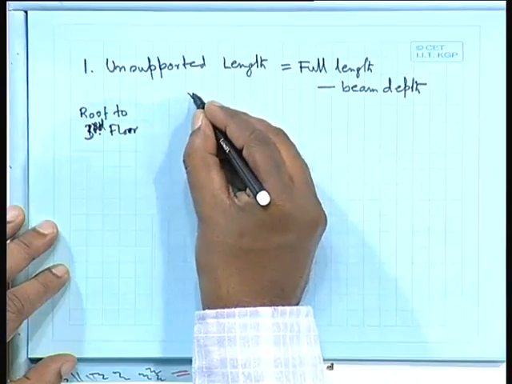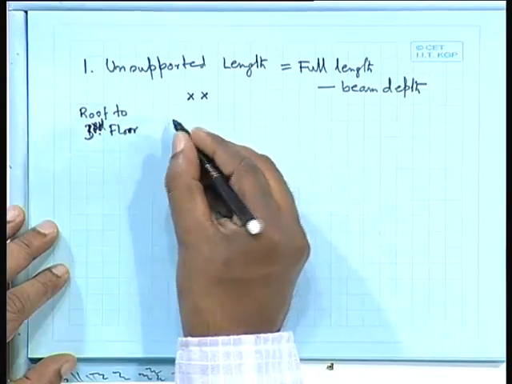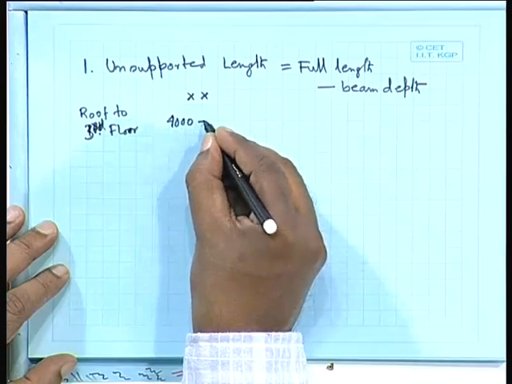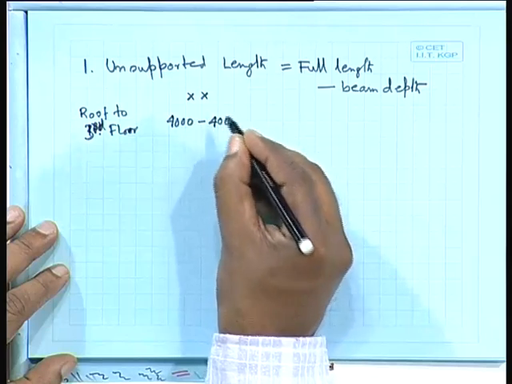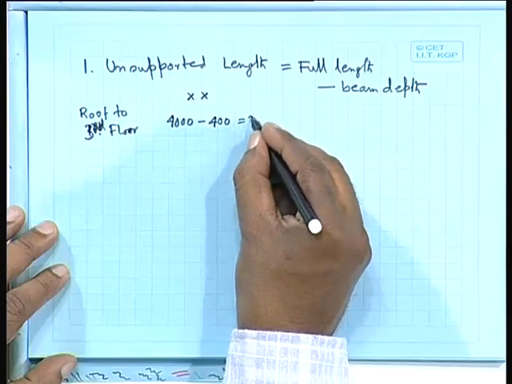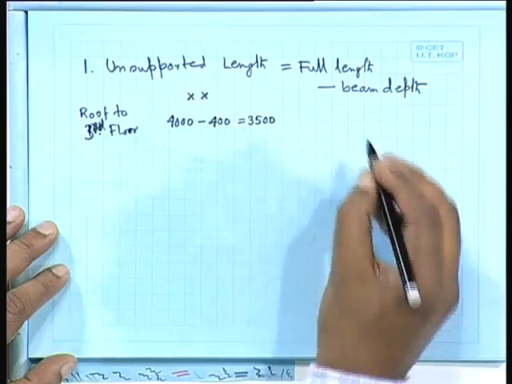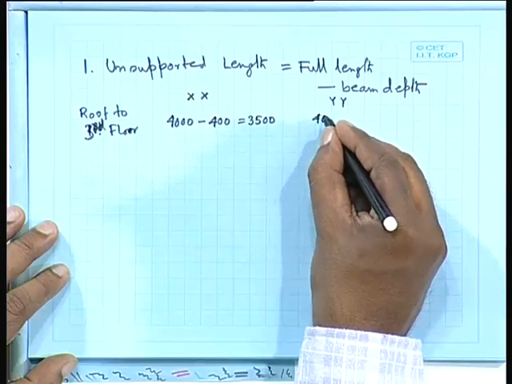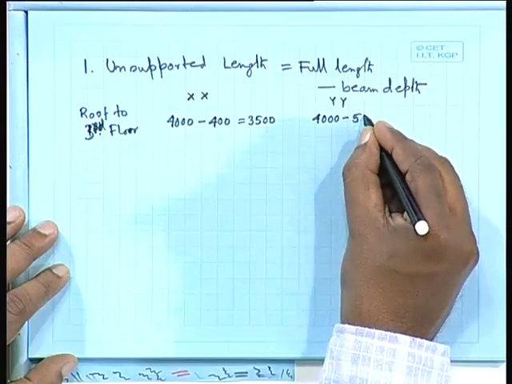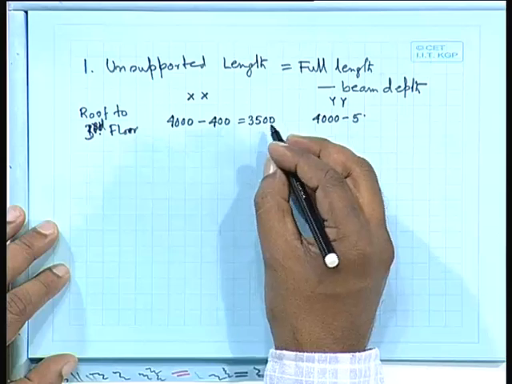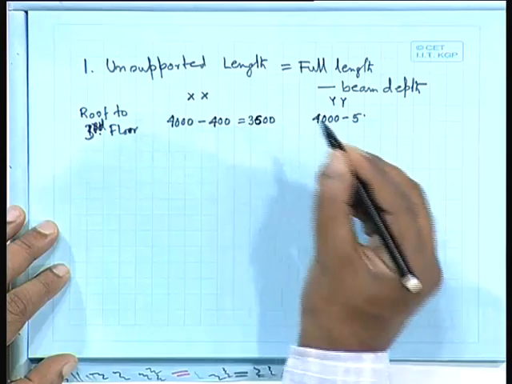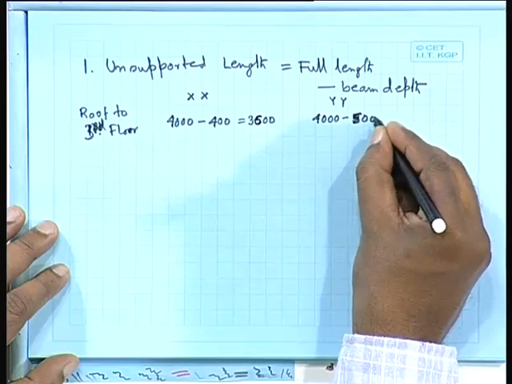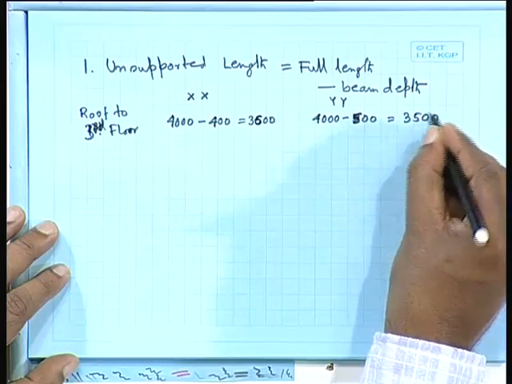In XX, this one will be 4000 minus the beam depth, which we are given as 400, and which comes as 3500. In Y it will be 4000 minus 500, which comes as 3500.